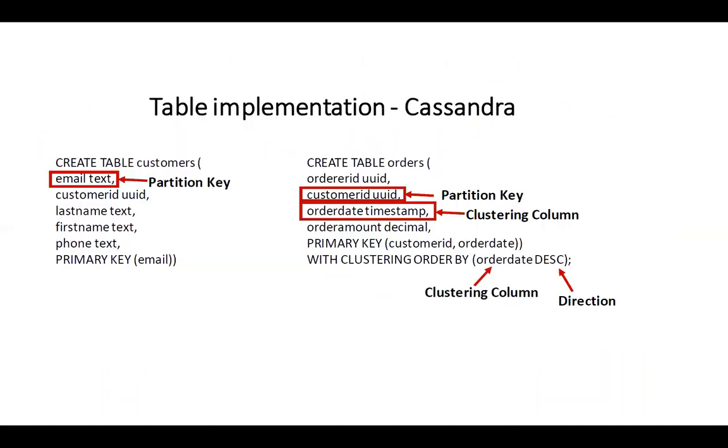For Cassandra, we are going to look up the customer's profile, the contact info, using email. Okay, so this will be the PK as well as the partition key. For customer ID, for customers' orders, we have this, right?